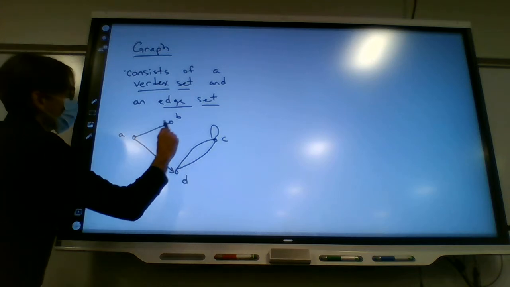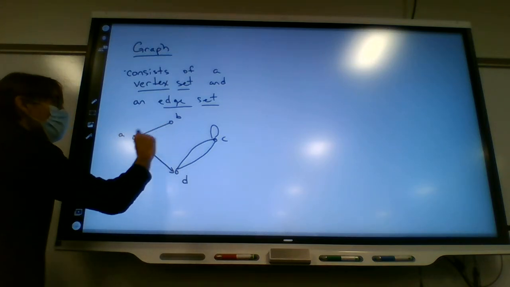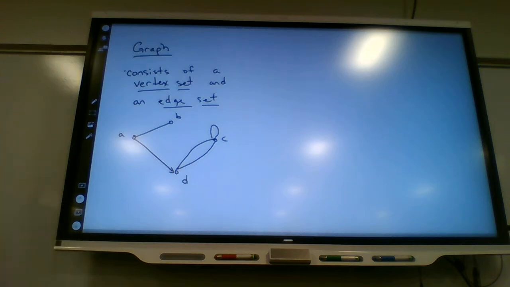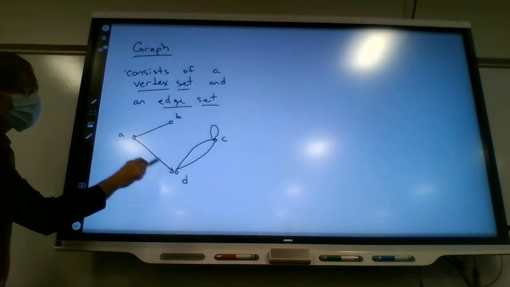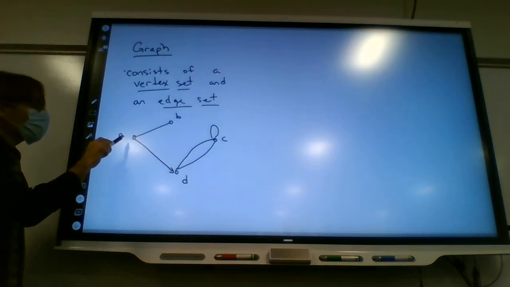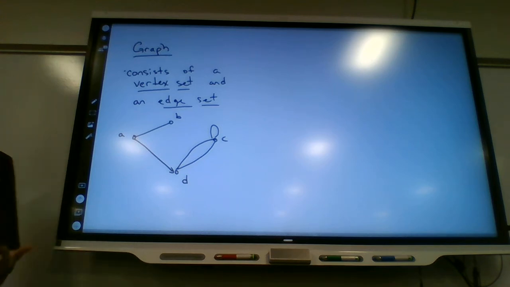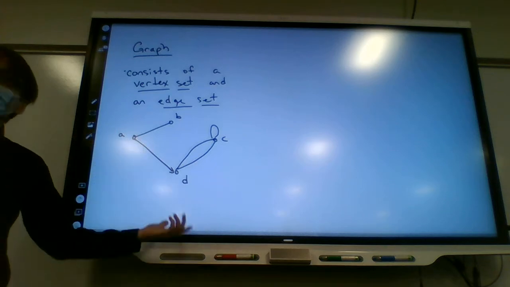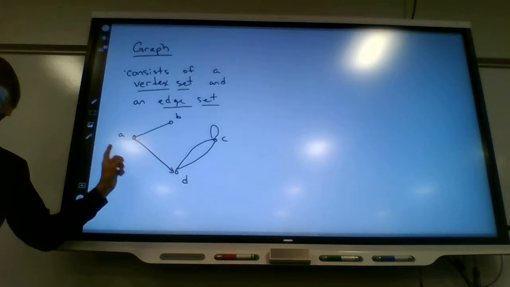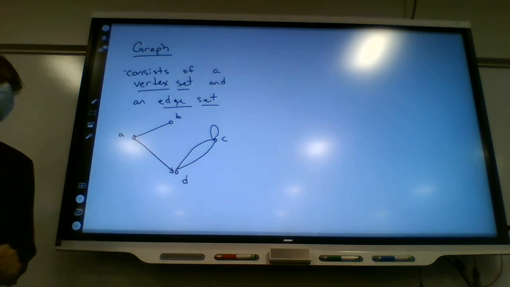So what does this mean? This means that there are flights available back and forth between cities A and B. This would mean that there's only a flight available from A to D, but there's not one available coming back. Maybe in general there's a flight available, but not when you need it. So at this point, there's only a flight in one direction.